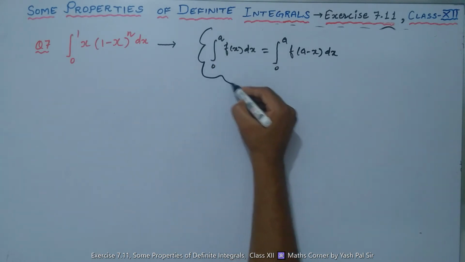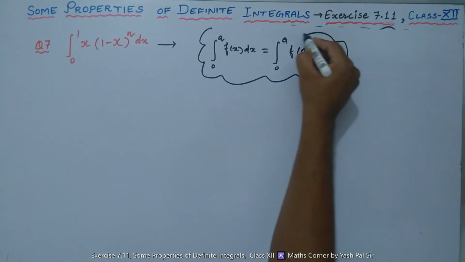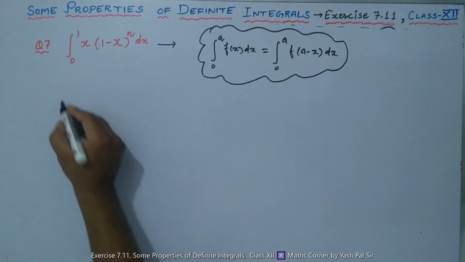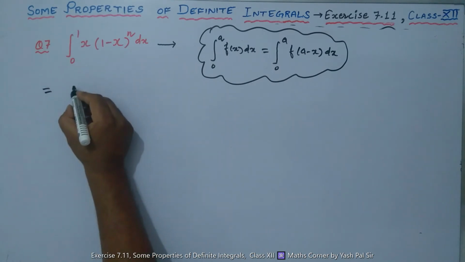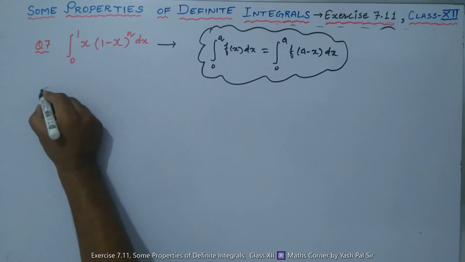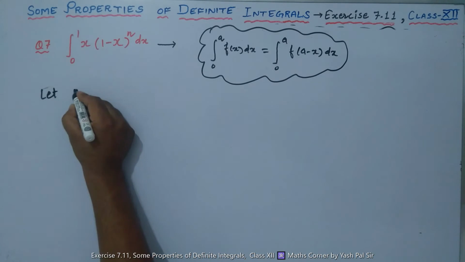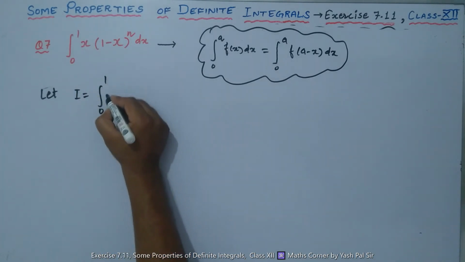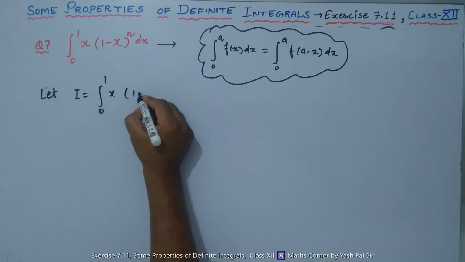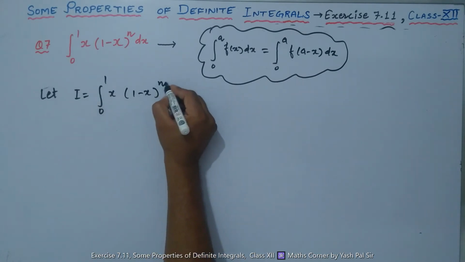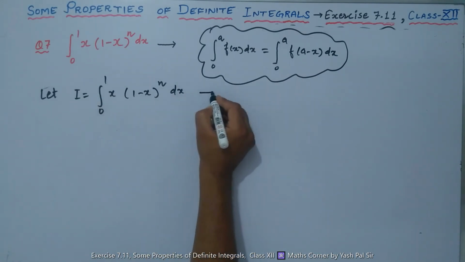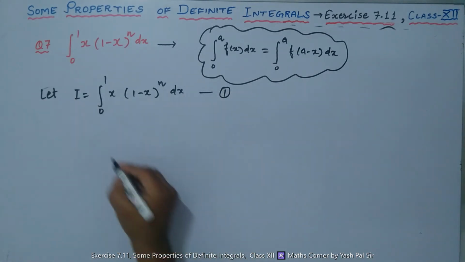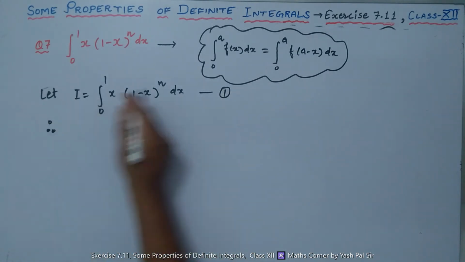So here the value of a is 1. So accordingly, let first of all I is equal to the whole question, 0 to 1 x into 1 minus x whole raised to power n into dx. Say this is equation number 1.